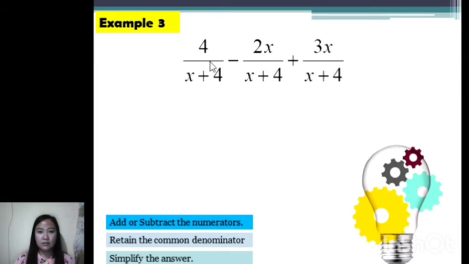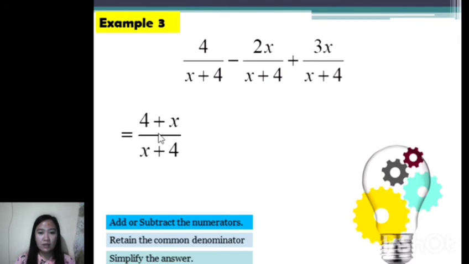Third example, 4 over x plus 4 minus 2x over x plus 4 plus 3x over x plus 4. First step, add or subtract the numerators and then retain the common denominator. So 4 minus 2x plus 3x is equal to 4 plus x over x plus 4.